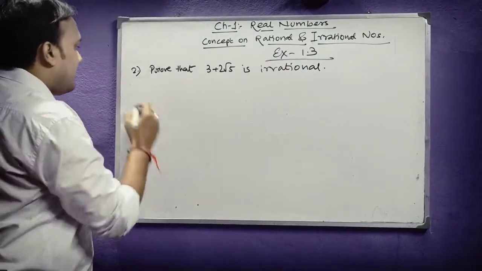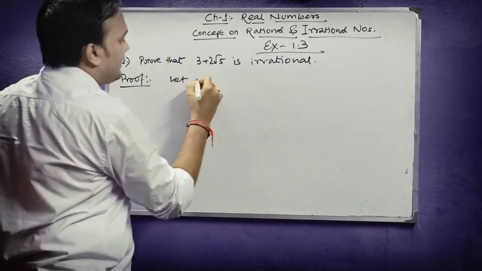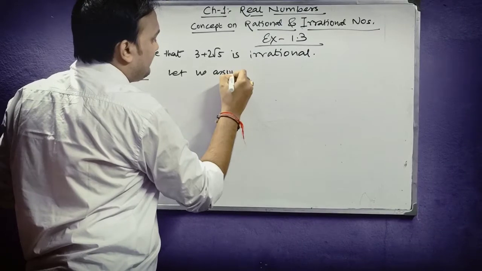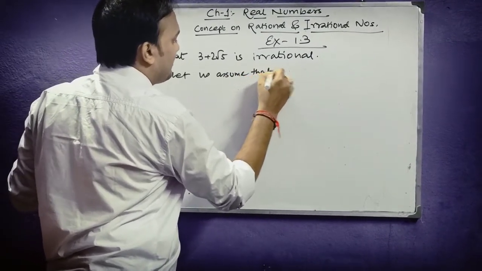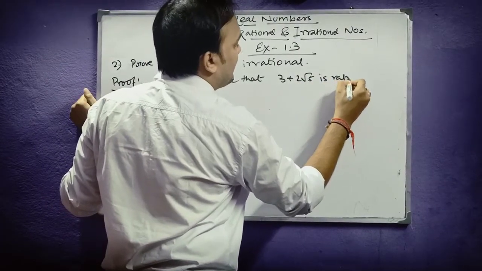So the same way I will do, let us assume that 3 plus 2 root 5 is rational.